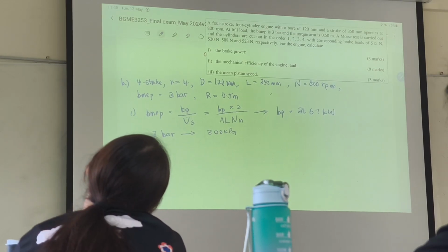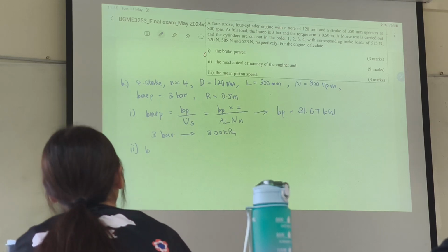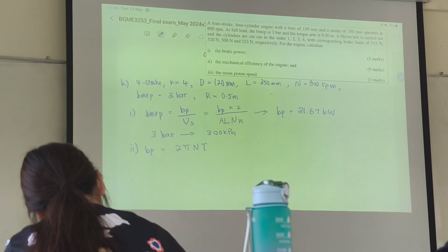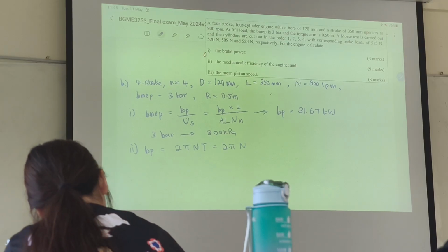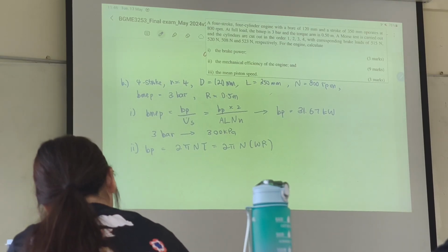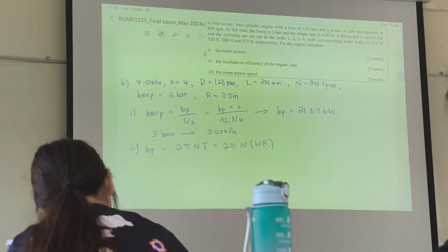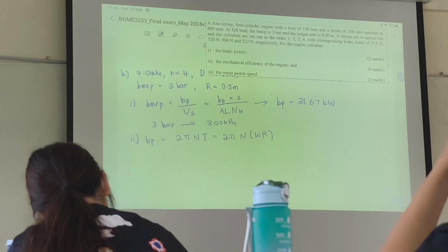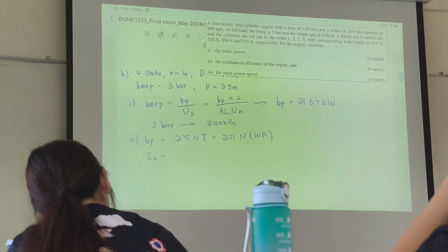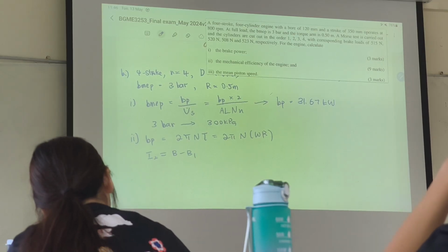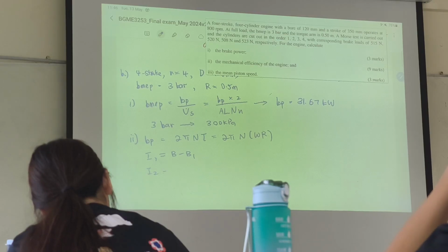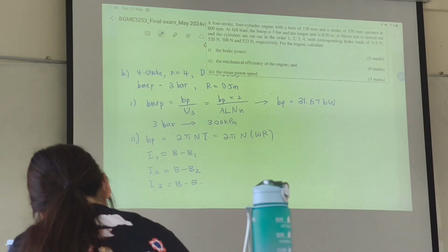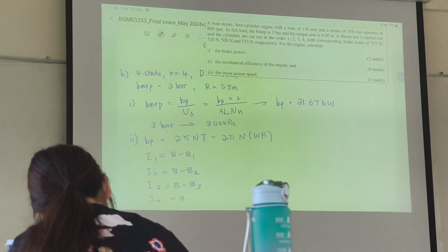The BP we know is equal to 2 pi N T, and then 2 pi N W R. This W will be our capital B. Because when we do the Morse test, we like to write I2 is B minus B2, I3 is B minus B3, and I4 equals B minus B4.